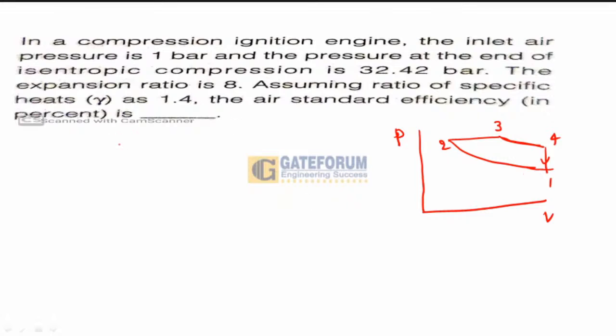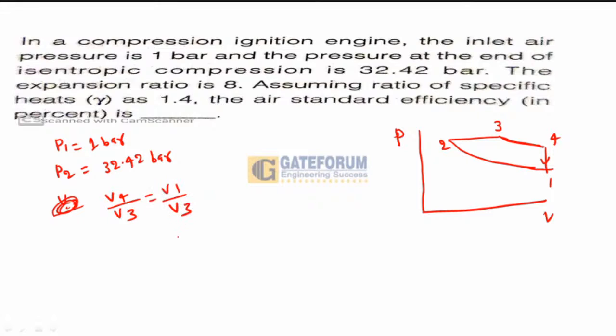In this question, P1 is given, 1 bar, and pressure P2 is also given, 32.42 bar. The expansion ratio is also given. So what is expansion ratio, my dear friends? I have told you, it is V4 upon V3, or you can write V1 upon V3.